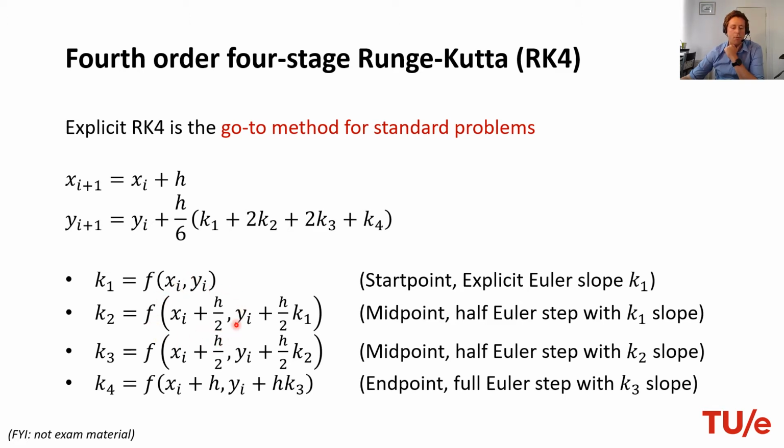The y coordinate where we evaluate these is a half-width Euler step with the k1 slope to obtain slope k2, or a half-width Euler step with the k2 slope to obtain slope k3. And then finally, we do yet another Euler step with the k3 slope to obtain the coordinates where we evaluate f for k4.